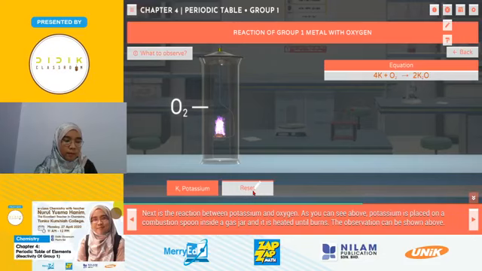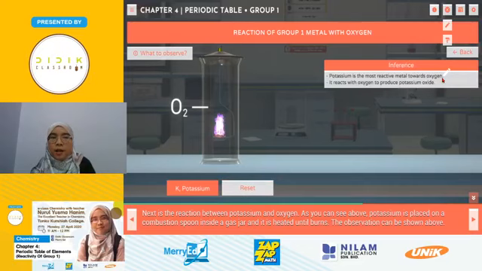And then it will produce potassium oxide. So now we can compare those three reactions for the reaction of metal with oxygen.